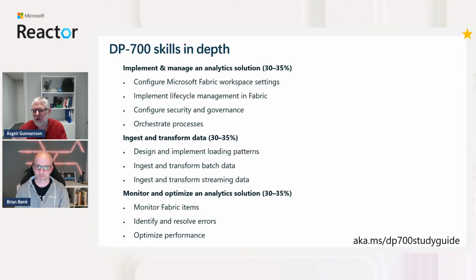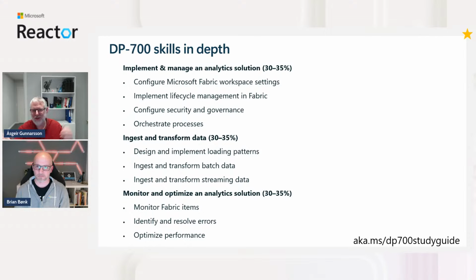The middle part, the second part, ingest and transform data, is where we typically see the actual technical development work. How do you design the load patterns? How about dimensional modeling? All these different things about making sure that you put your data through all the different stages of a solution.